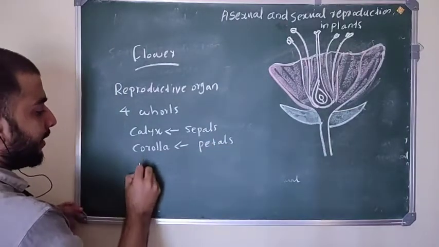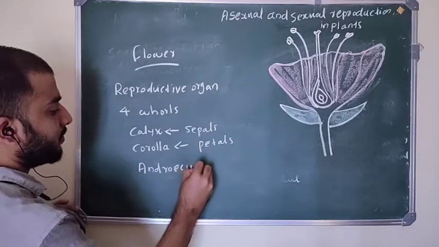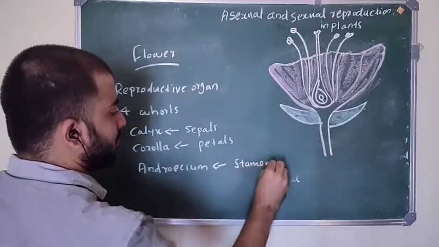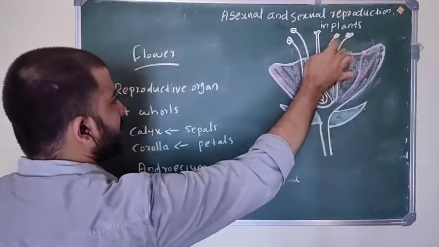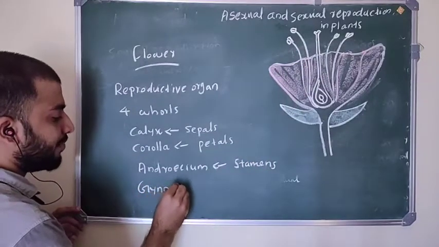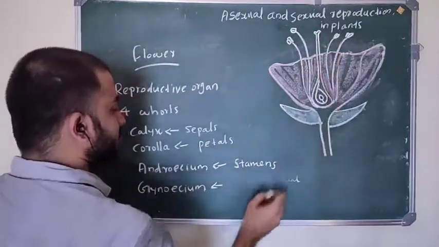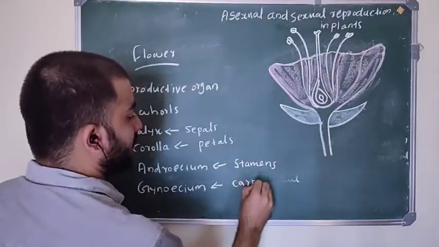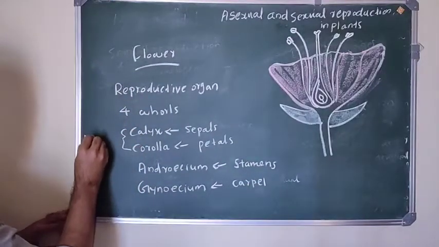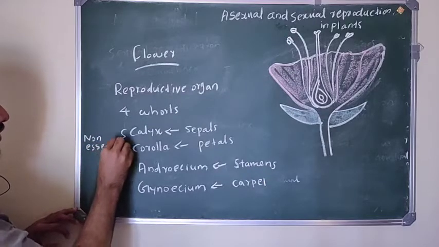Then the androecium, the male part of the flower, consists of stamens. The gynoecium is the female part, which consists of carpels. The calyx and corolla are called non-essential whorls because they have no role in reproduction.